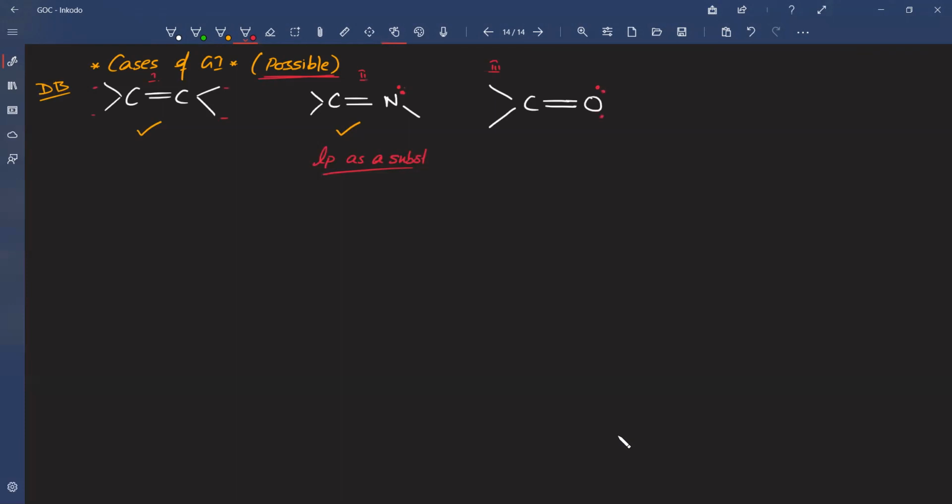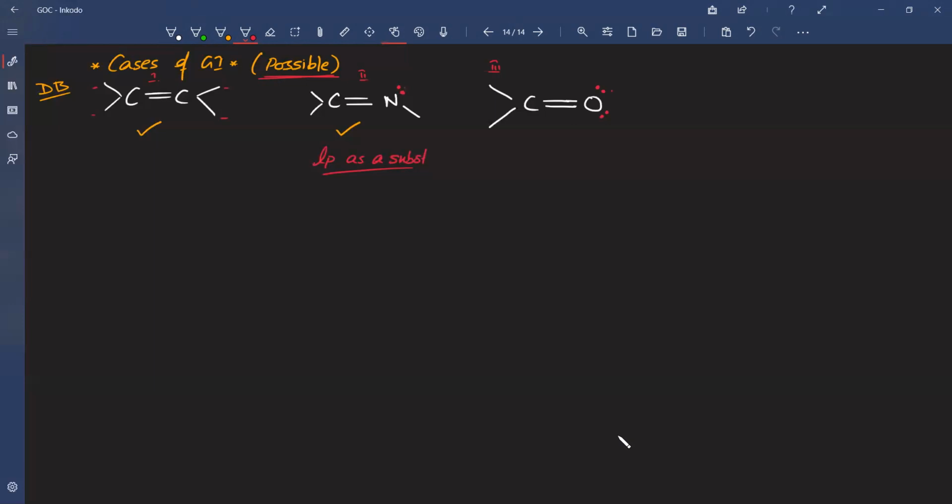Because if we attach anything to carbon, then only that position would get reversed. We can't attach anything to oxygen unless it's a coordinate covalent bond. Or, as I said, this lone pair will be treated as a substituent. So here also you have a lone pair as a substituent.